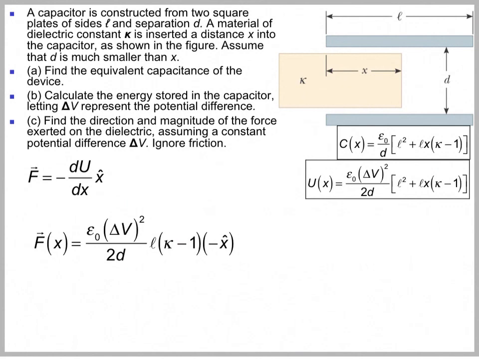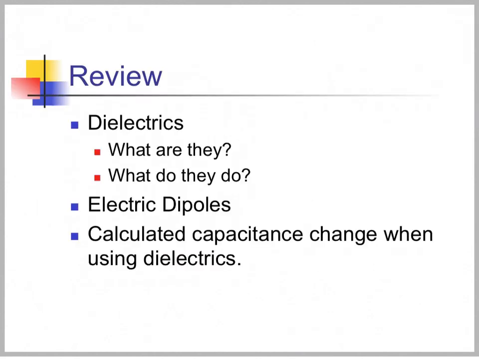So the force is epsilon naught delta V squared over 2D times L times kappa minus 1. We still have the negative direction, so that tells us the direction is negative x. So then there's a force trying to push the dielectric out of the capacitor, and its magnitude is just given here.